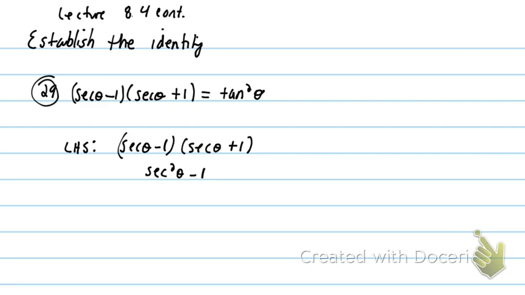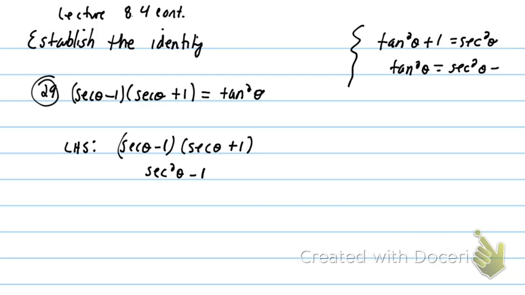Is everybody okay? Now, the minute you see squares like that, I'm always thinking of my Pythagorean identities, those three, because they have squares in them. And so I know there's a relationship between secant and tangent. I want to go back and remind myself. I think it's tangent squared theta plus 1 is what? Secant squared theta. And you just have to know that. But look, if you subtract the 1, sure enough, what do you get?